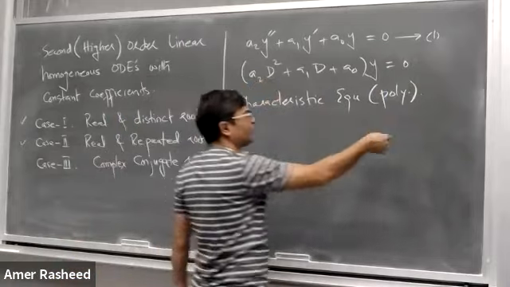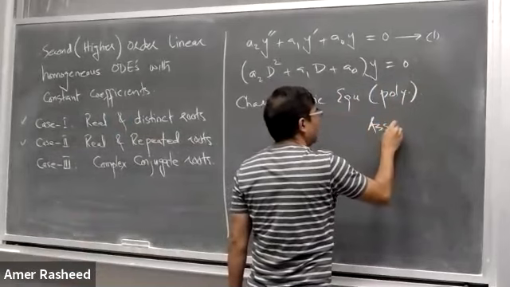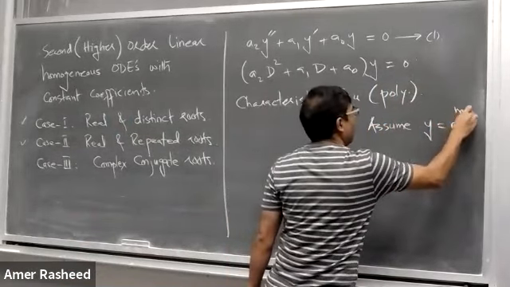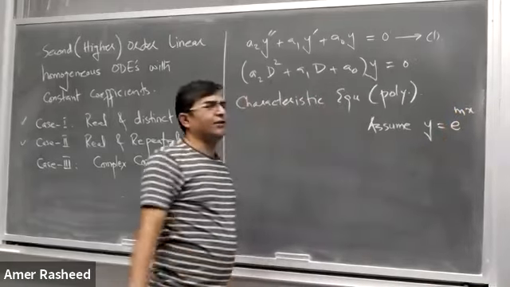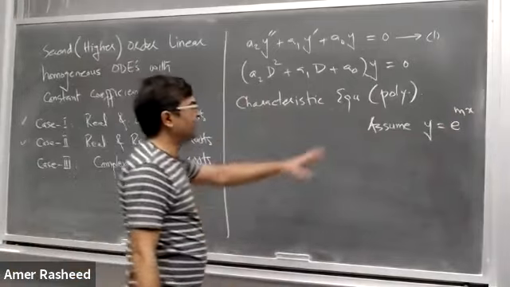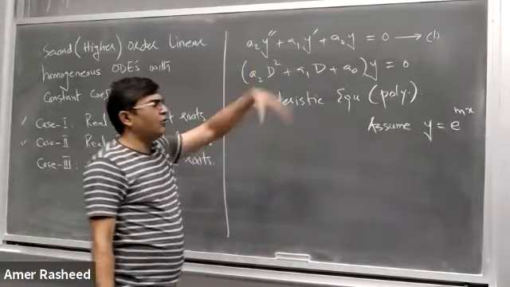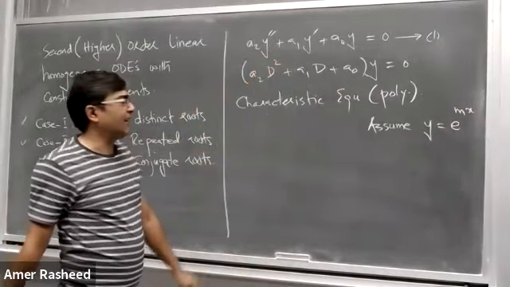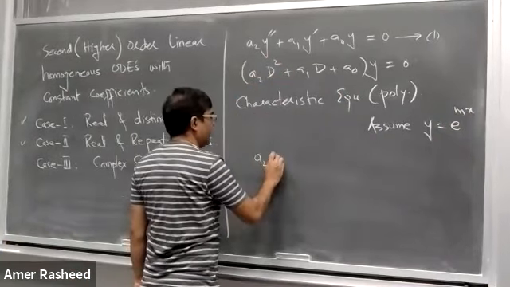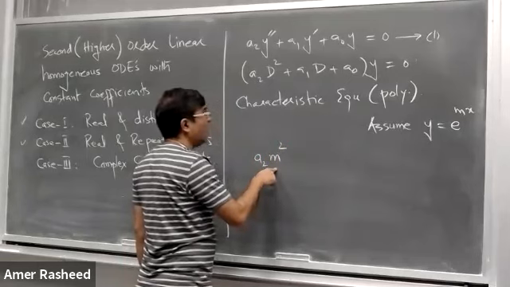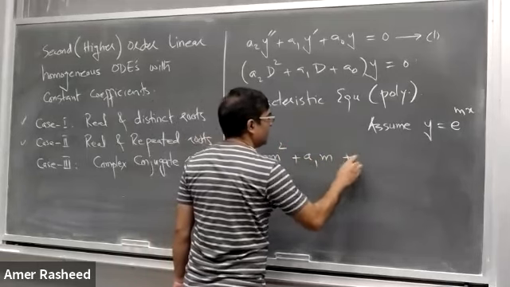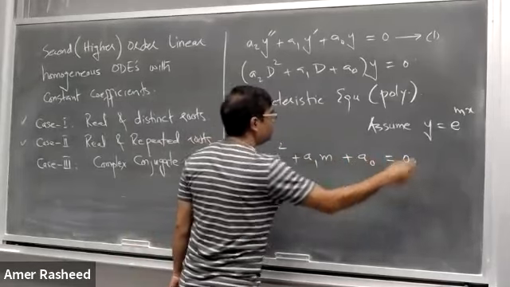But in detail, we assume that y is equal to e raised to the power mx is the solution of this differential equation. By inserting this solution into the equation, we obtain the characteristic polynomial. I hope you know it. It is a2 m square plus a1 m plus a naught equal to 0.